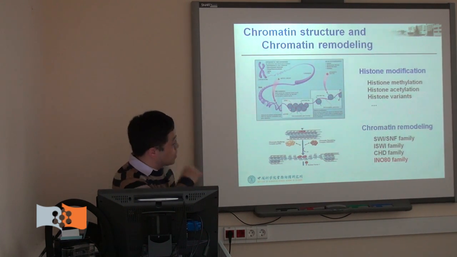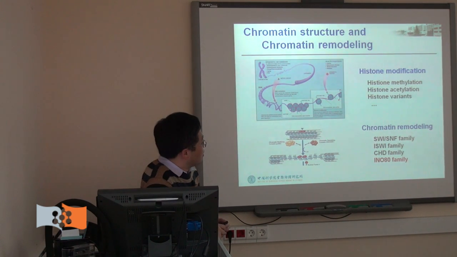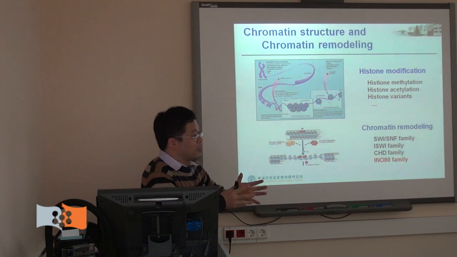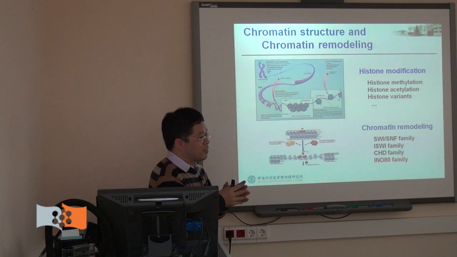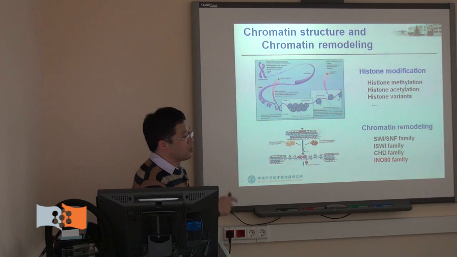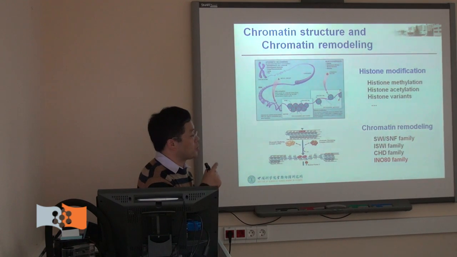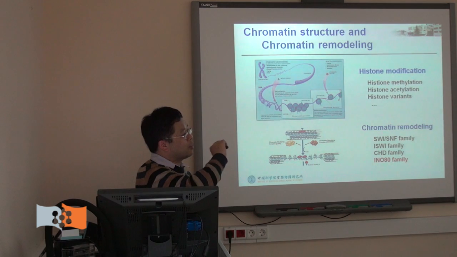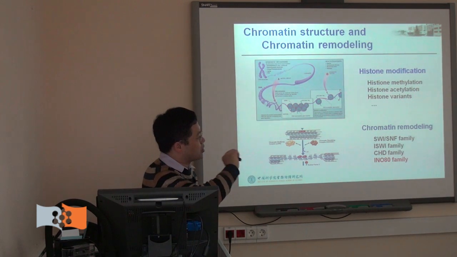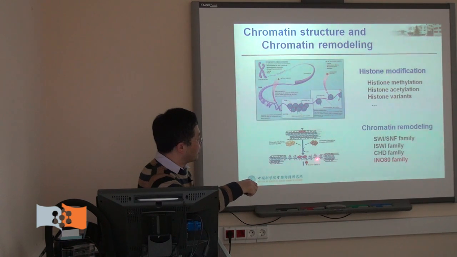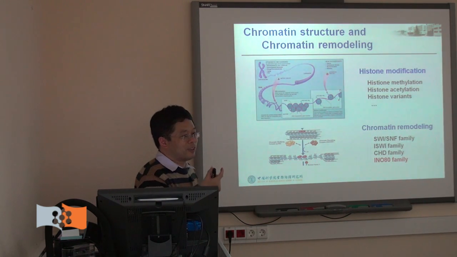And why is this important for epigenetic information? Because you can see that the chromosome and the DNA are wrapped very condensed, very closely. So for the epigenetic information, the transcription is sometimes inactive. But why does the cell divide into different cells? For example, here the DNA in this area needs to be open.